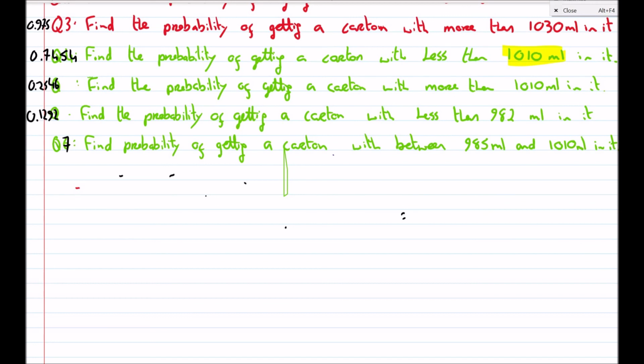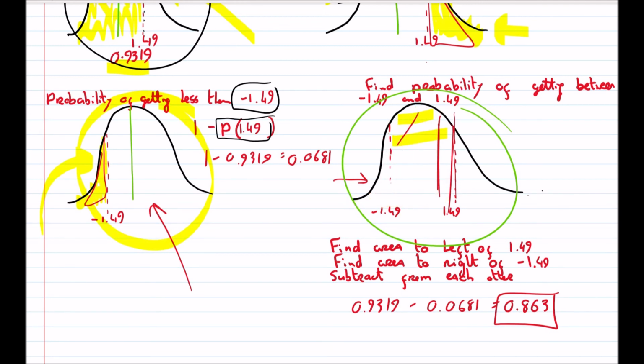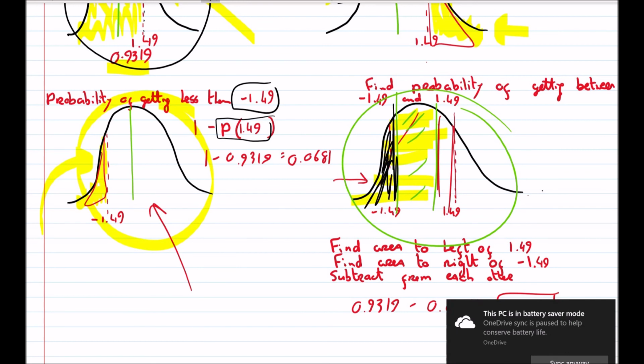Right. We'll stick with the 982 actually. So we're looking for the probability of getting a carton with between 982 milliliters and 1010 milliliters. It's this one we're talking about. If we want to find between this and this, we find the area to the left of that, then we find the area to the left of this, and we take it away.